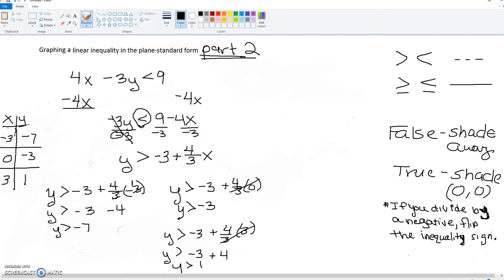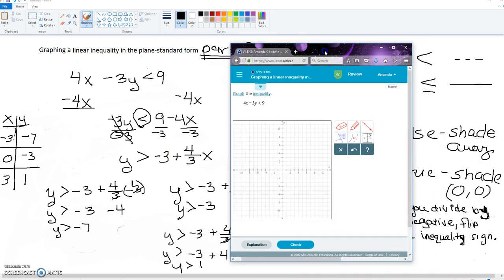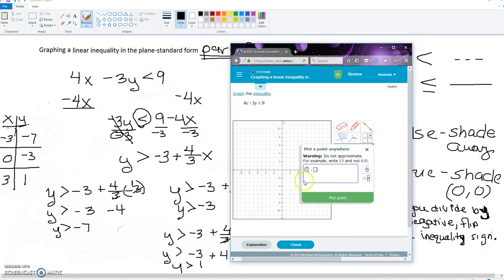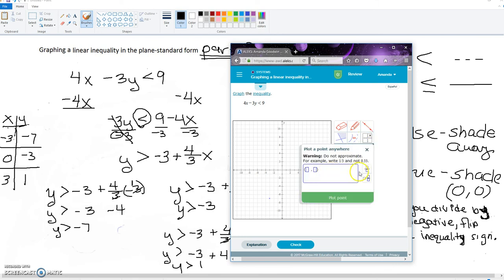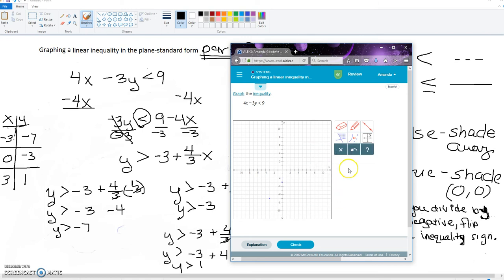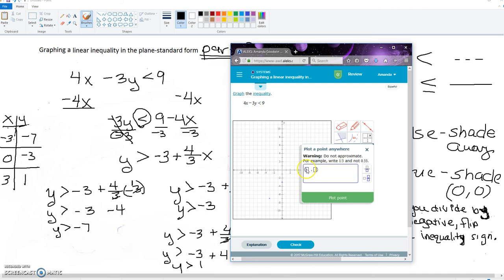Okay. And we're going to go ahead and graph that. So again, make Alex do the work. And we've got 0, negative 3, and 3, 1.